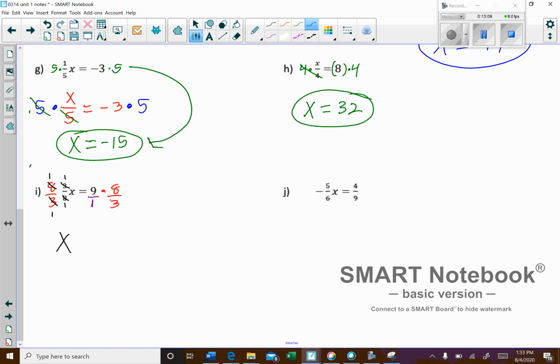You can see right here, the 3 and the 9 can simplify. Then we're left with 3 times 8, which is 24 over 1. And then you'll want to just write that as 24. Let me write it right here. X equals 24. You don't want to include the over 1. It's extra information that's not necessary.